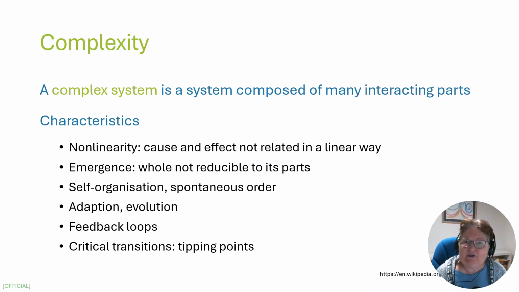Sometimes spontaneous order is created in the complex system without deliberate action or conscious action. It adapts. These systems adapt and evolve. There are feedback loops in complex systems, which we talked about in the last section, and again, tipping points as well, so critical transitions in systems, so they don't stay at equilibrium forever.